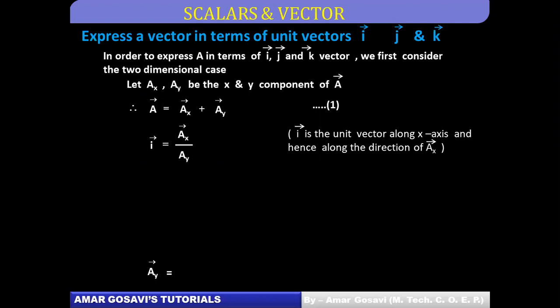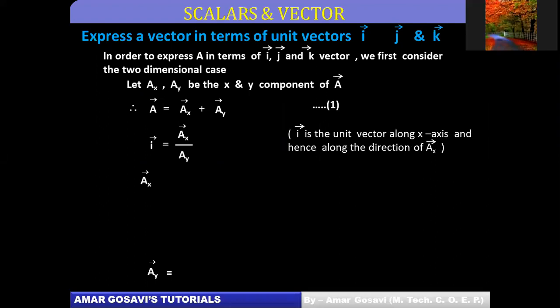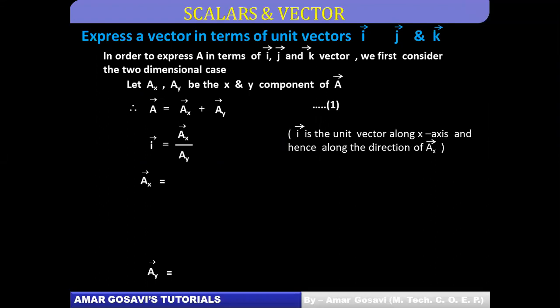Similarly, ax bar in this case would be given as ax into i cap. So what is to be corrected over here is instead of this ay being the suffix, it should have been ax only. So when you shuffle it in terms of ax bar, you get it as ax dot i cap, or here you can say into i cap.